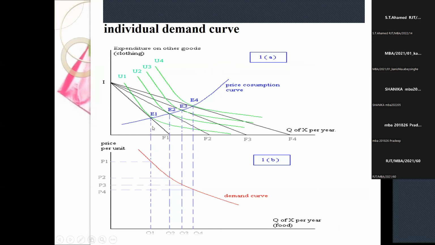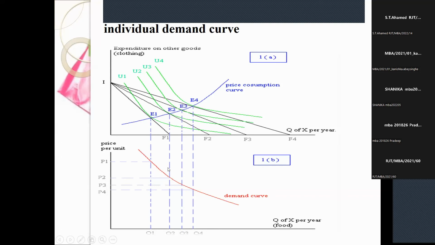Before the price change, this is the budget line, and this is indifference curve 1, the consumer is consuming this amount, then the P1 price and the quantity demanded, that is Q1. Then the price of X is reduced to P2, then he can buy more of X. Then the budget line shifts to the right, this is the equilibrium point.